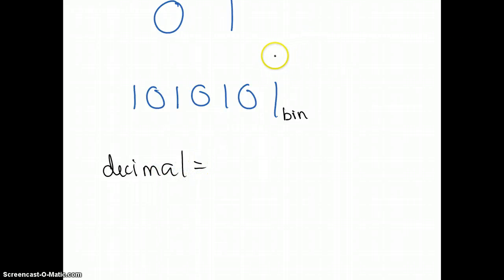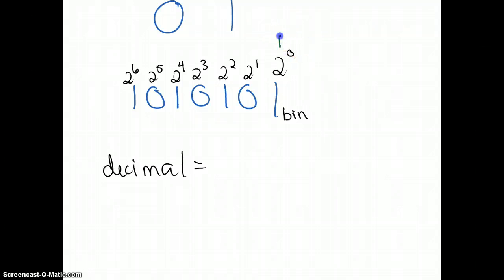Alright, the way we figure it out is this is the 0 spot, 1 power, 2 squared, 2 cubed, 2 to the 4th power, 2 to the 5th power, 2 to the 6th power. It's basically saying how many of them are in that spot. So 2 to the 0 power is 1, 2 to the 1 power is 2, 2 squared 4, 8, 16, 32, 64.